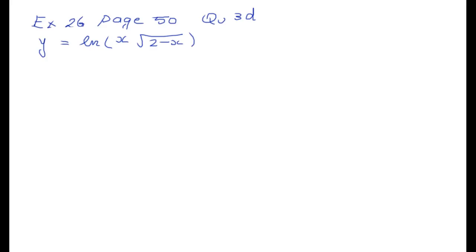So looking at question 3, part D, I hope you will quickly notice that the original function natural log x times root 2 minus x is two numbers multiplied together. So the first, let's say it's a, we consider it equals x. B, we consider equals 2 minus x to the power half.